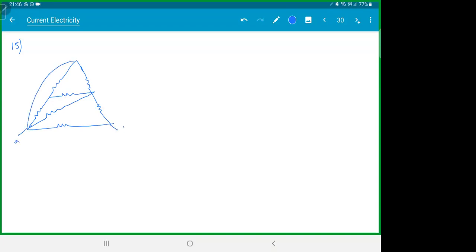This is A and this is B. All resistors are R. Find RAB.